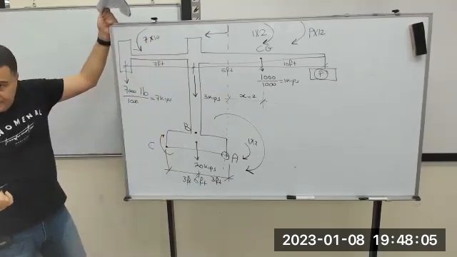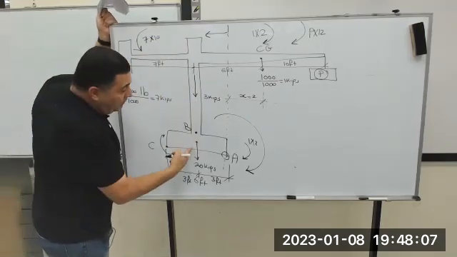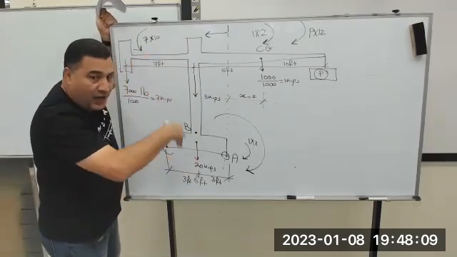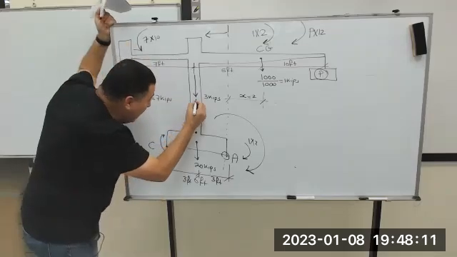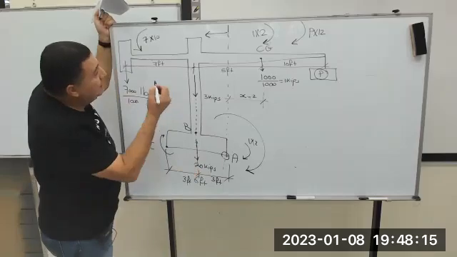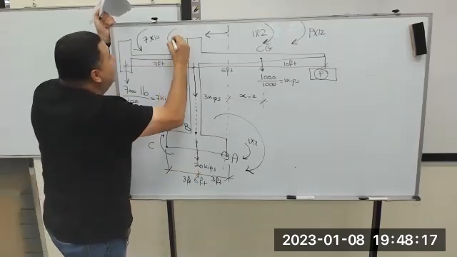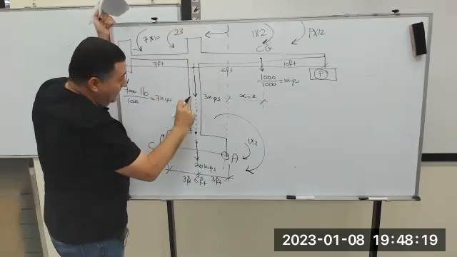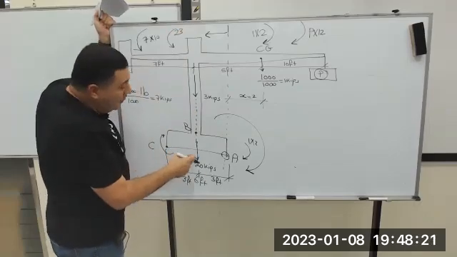But what about the tower and foundation? Both of them have the same line of action. You will take the summation. The summation is 23, meaning 20 plus 3. It gives a moment as well.